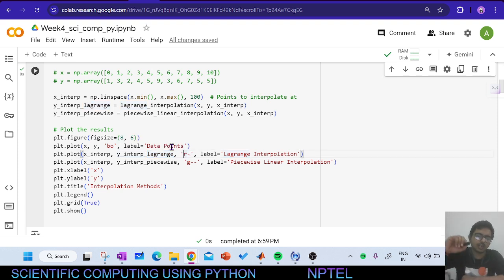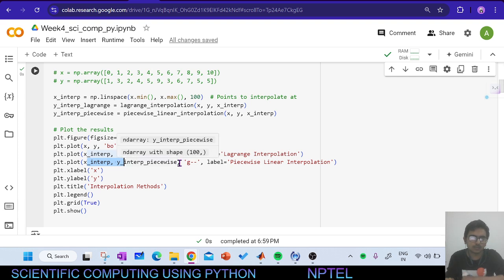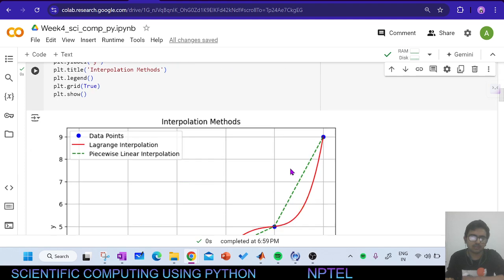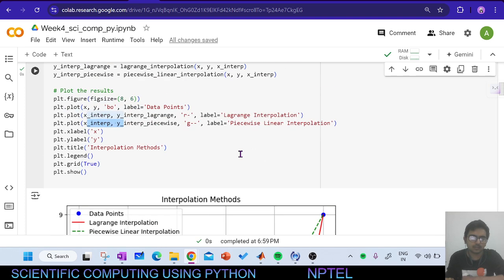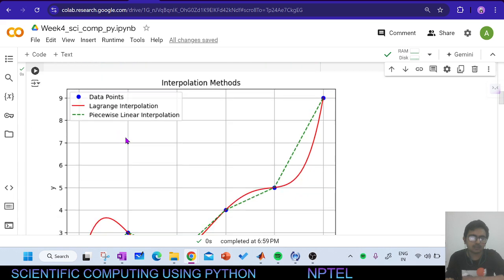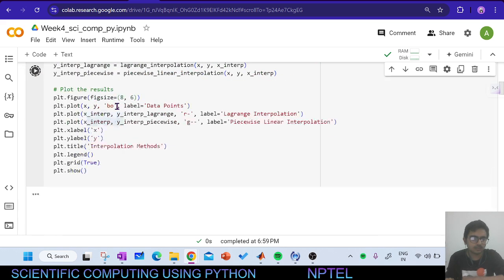So it will be red with lines. Okay. And this is Lagrange interpolation. And for piecewise linear interpolation, we use green and double dash. So it gives something like this. Okay. Dashed lines. And then we plot. So okay, let me run this.